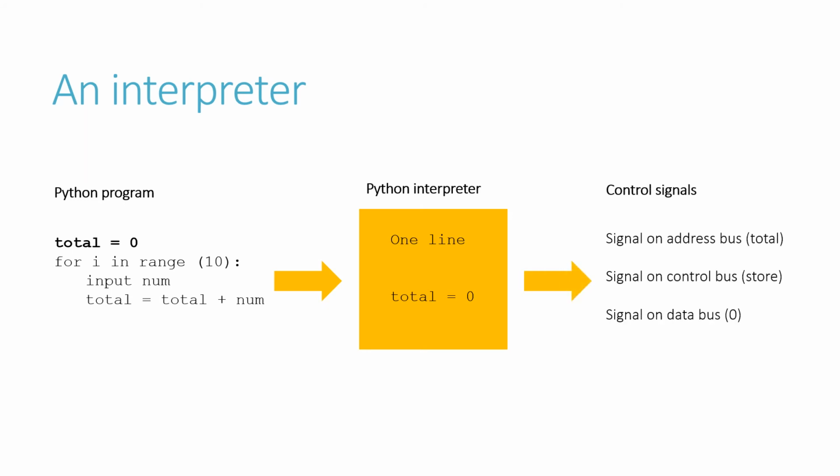So the control unit might tell the RAM to store a value equivalent to 0 in an address location identified by the name total. The interpreter then forgets that line that it's just carried out completely and goes on to the next line of the program. Nothing is saved in memory.